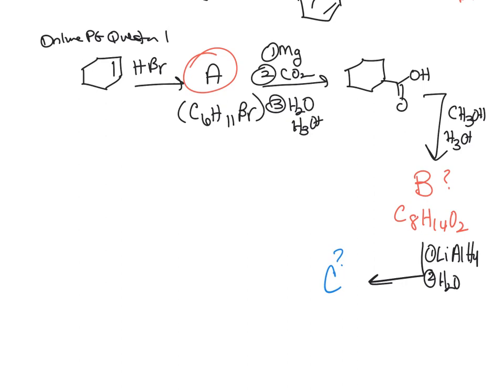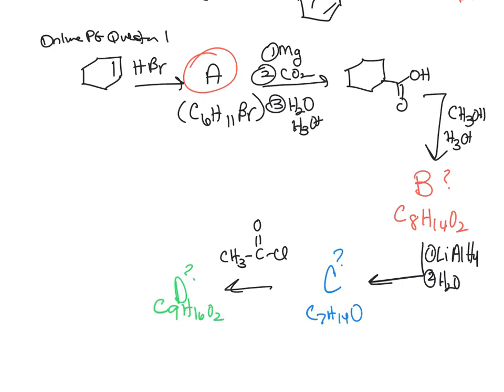What is C? And that's C7H14O, and then you're going to react that with an acid chloride. So what is D? And that's going to be C9H16O2.